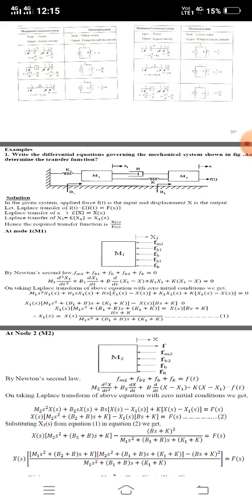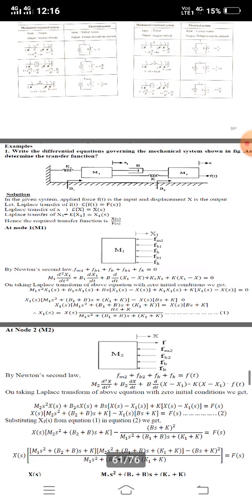It is connected in between m1 and m2, so the most preference goes to x1 because we are looking at m1. So for the representation of m1, we take x1 first, minus the other mass's output. Based on that concept, the friction or viscosity term is b into d by dt of (x1 minus x).